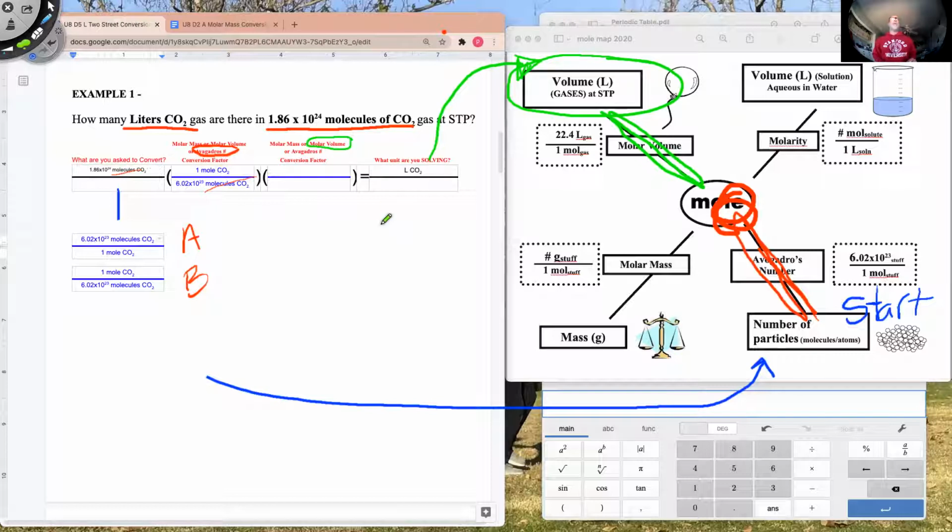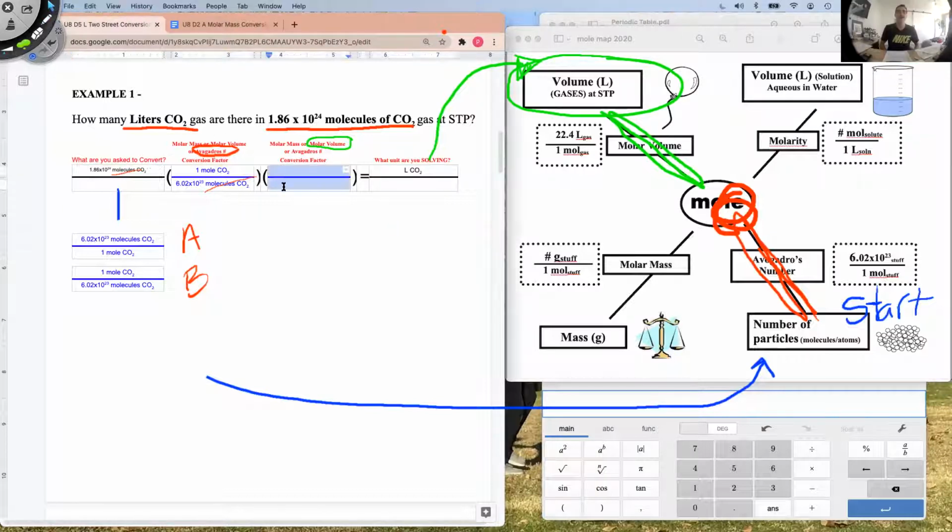What's the number for molar volume, Mr. Edwards? It's got to be the same number every single time, as long as it's a gas and as long as it's at STP. It's going to be 22.4 liters per 1 mole.